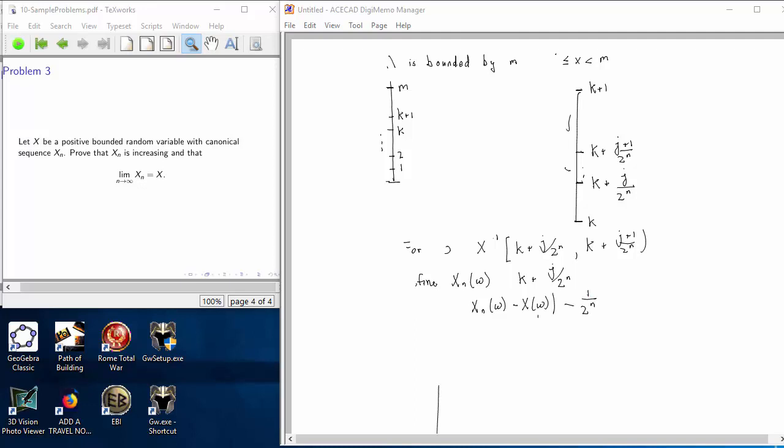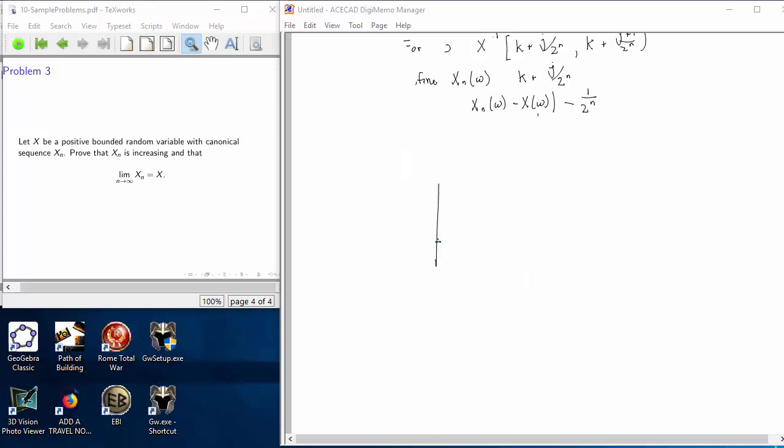If I increase n by 1, I have k plus j over 2 to the n down at the bottom. I have k plus j plus 1 over 2 to the n at the top, and smack in the middle I have k plus 2j plus 1 over 2 to the n plus 1.